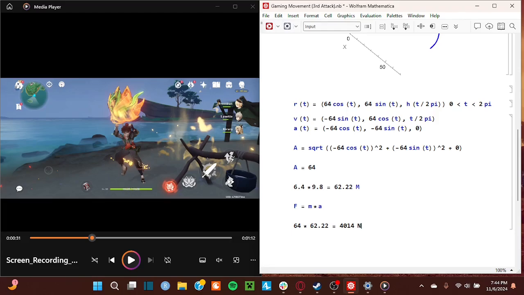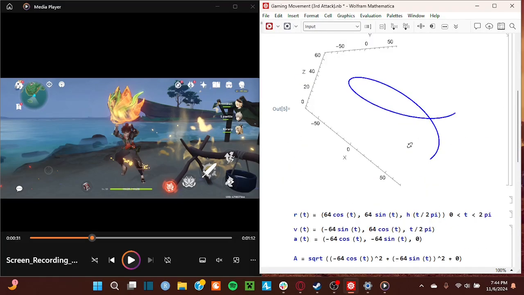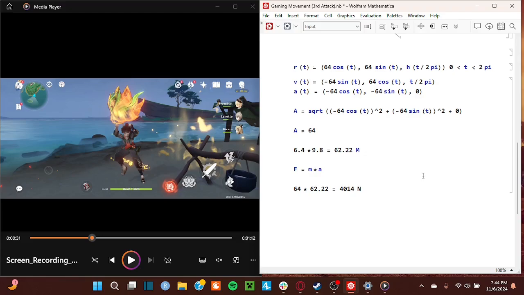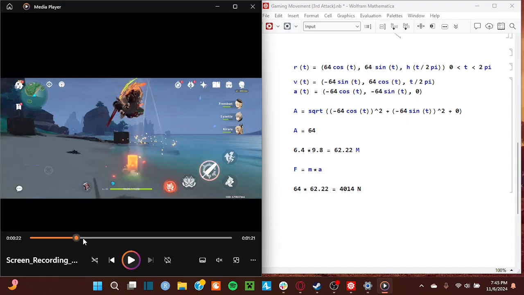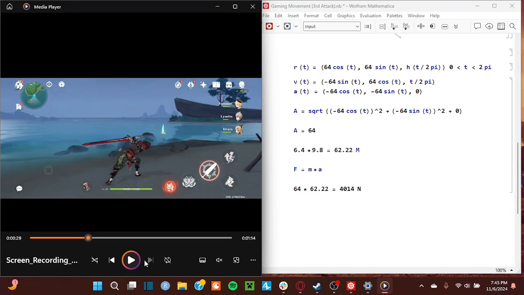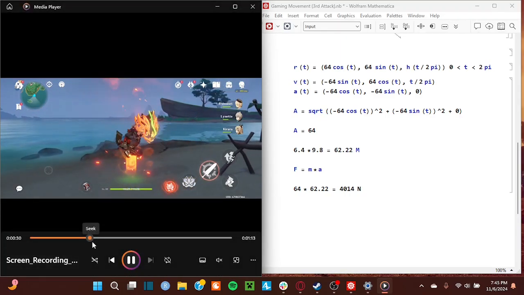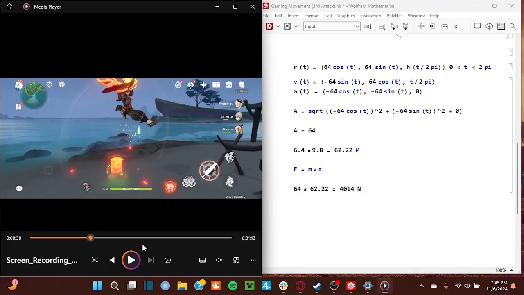So, from all of our calculations and everything that we saw up here, my overall conclusion is that Gaming, with his strength and with the time that he spent to swing, which in this video, if we actually go back to, I think it's 29, yes, 29 to 30, takes about 1 second for him to do that swing, which makes it easy.